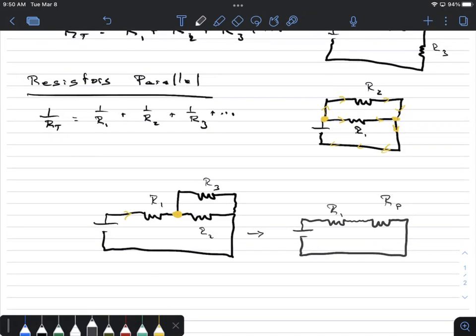And now I see, aha, R1 is in series with something, but the thing it's in series with is not R2 and it's not R3, but rather this R parallel, this combination of the two that I had to solve for. How do I know it's in series? Well, if an electron hits R1, it must go through R parallel afterwards. It has no choice. There's nowhere else for it to go. So they're in series.